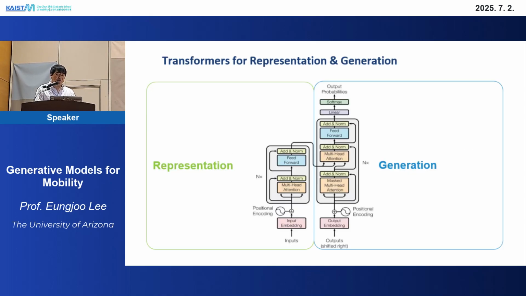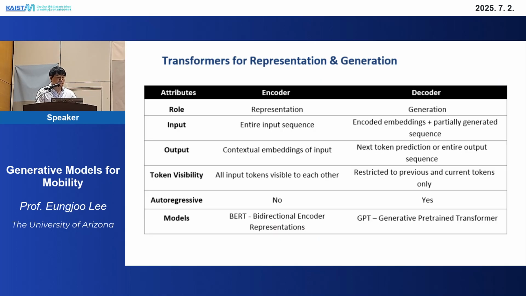Again, the transformer has an encoder and decoder part, and the encoder would be the representation part. Basically, given an input, you try to get context from the input, and the decoder part would be for generation. So again, the encoder's role is to produce representation, and its input would be the entire input sequence, and for the decoder part, the input would be the encoded embedding along with partially generated sequences.